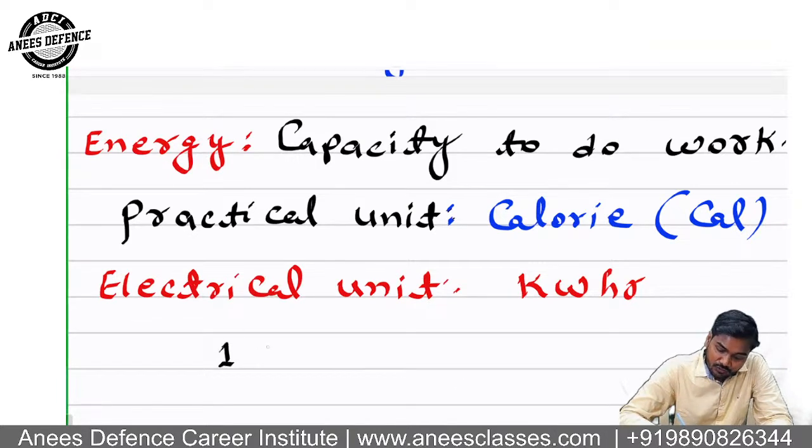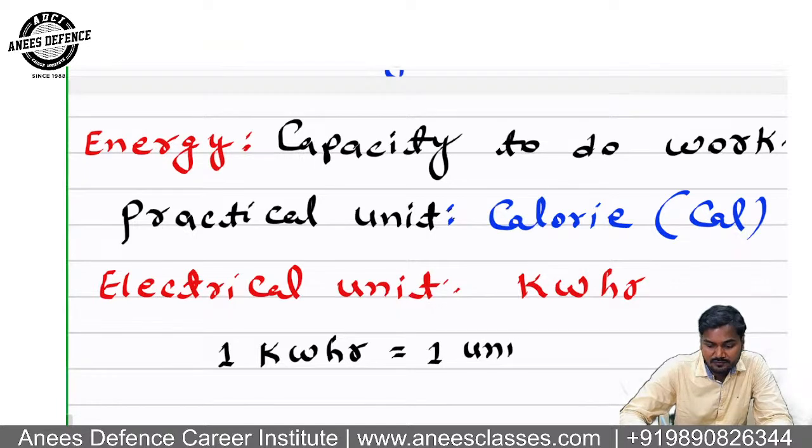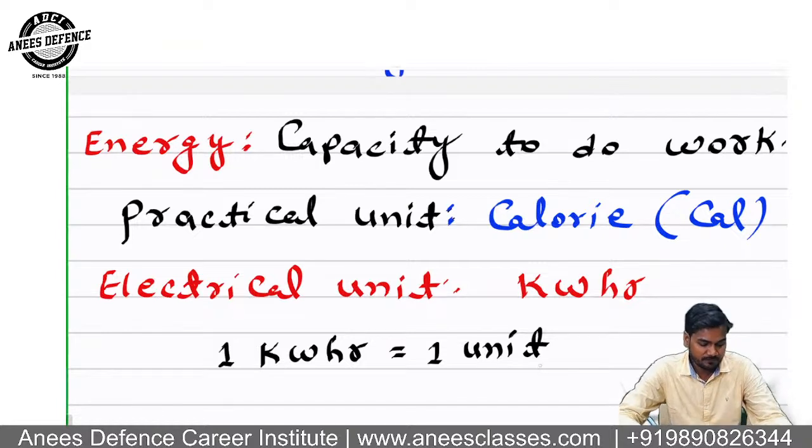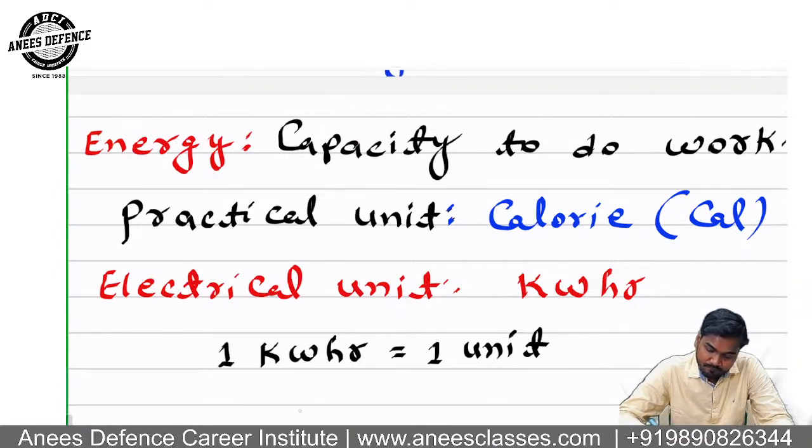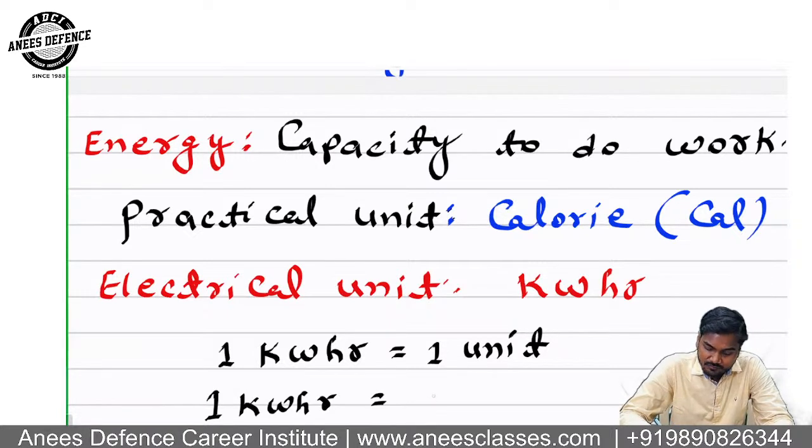And 1 kilowatt hour is equal to 1 unit. One kilowatt hour is equal to 3.6 into 10 raised to power 6 joule.